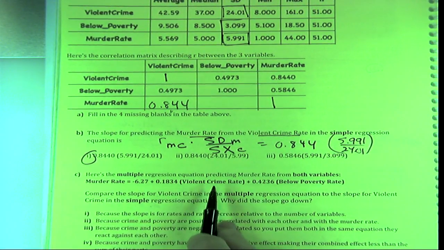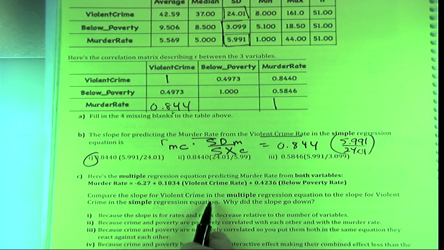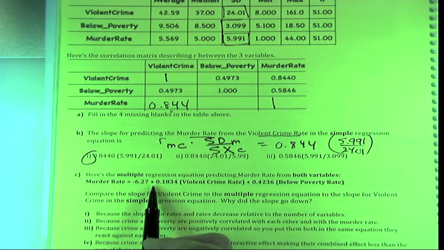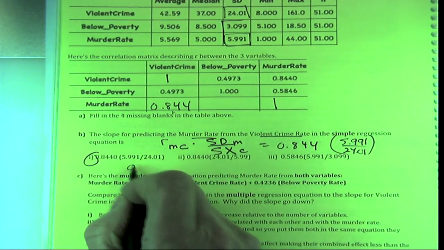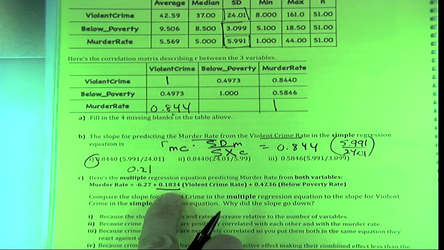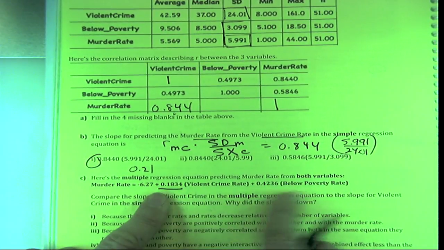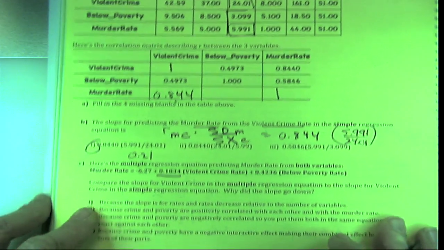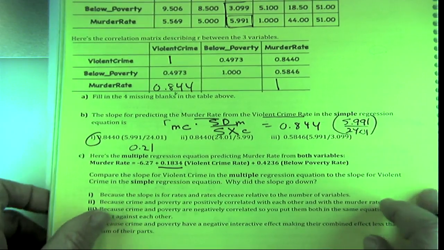And now here's the multiple regression equation. Compare the slope for violent crime in the multiple regression, so we're comparing this to that slope, which is 0.21, and we see this one is lower. Why did it go down? Remember, these are the partial slopes. It goes down because they're correlated.